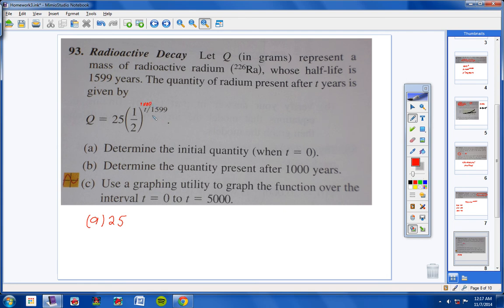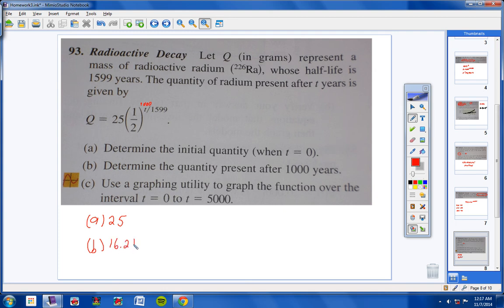So we have 1,000 divided by 1,599, and then whatever I get here, take 1/2 to that power, and then hit equals, and then times 25, and you should come up with approximately 16.21.